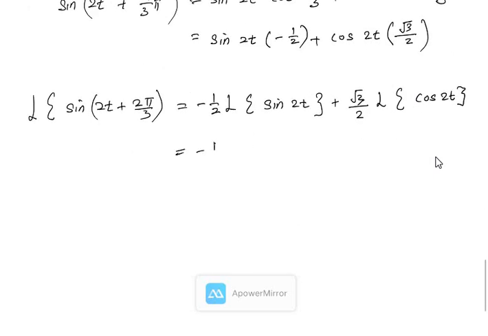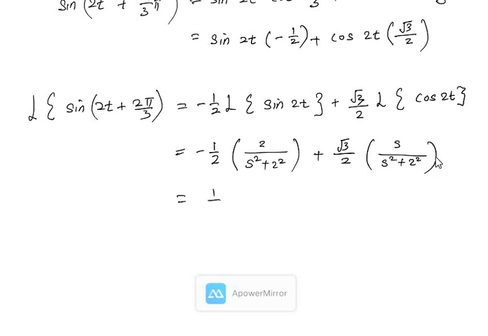So this will be equivalent to negative half. For the sine, you will get 2 over s squared plus 2 squared from the Laplace transform table. For cos 2t, you get s over s squared plus 2 squared. So you can get 1 over 2 times (square root of 3 s minus 2) over (s squared plus 4). Okay?